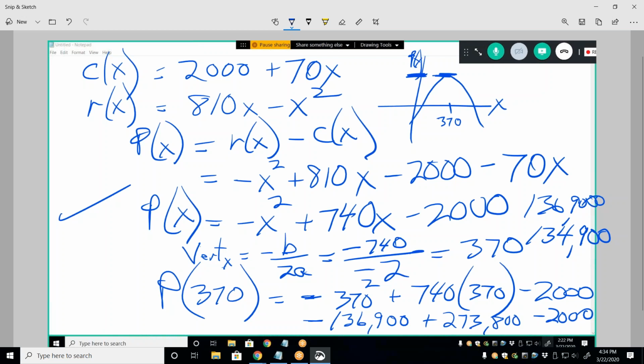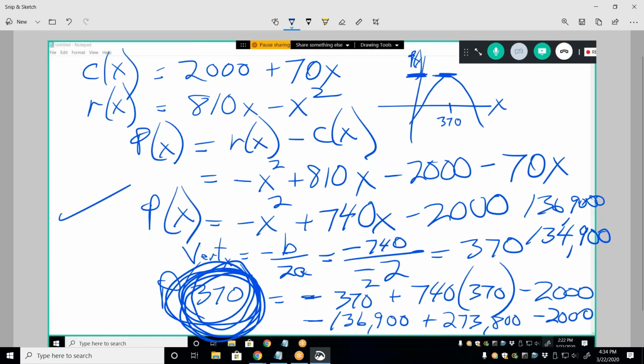This might be a factory that has the ability to produce from 0 to 1,000 units a day. For them, it's extremely important to know exactly how many units to produce, and that number is 370. It's when they produce 370 units that they get a maximum profit.